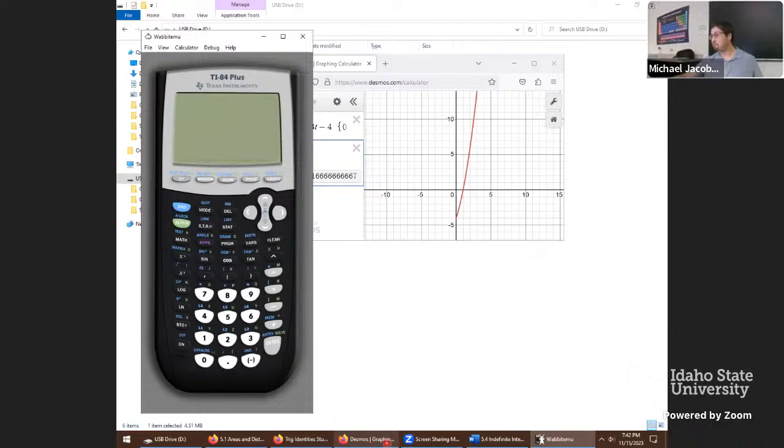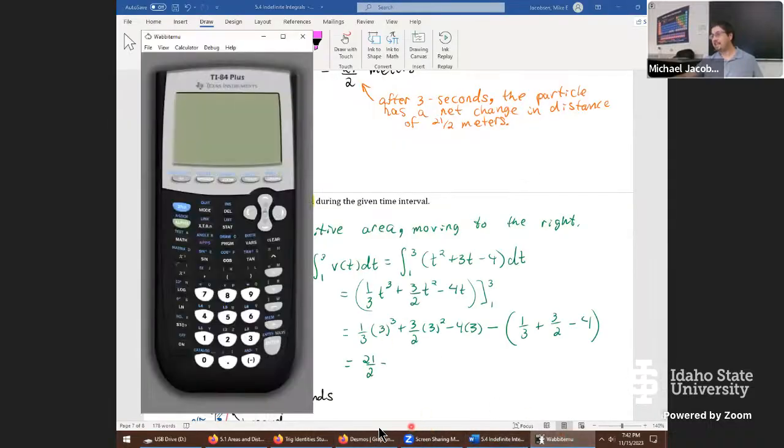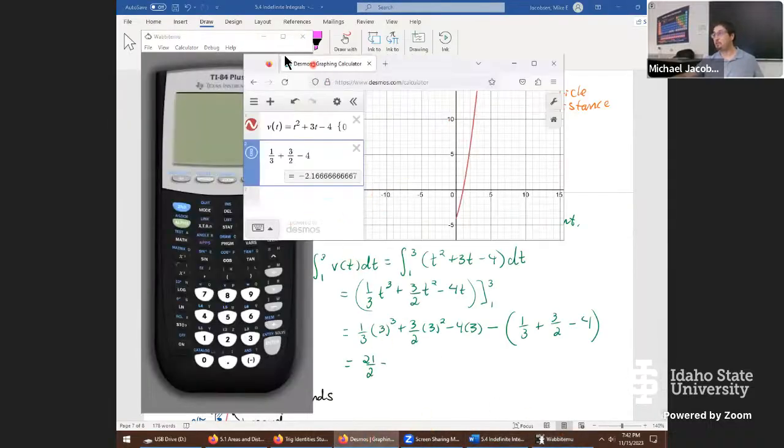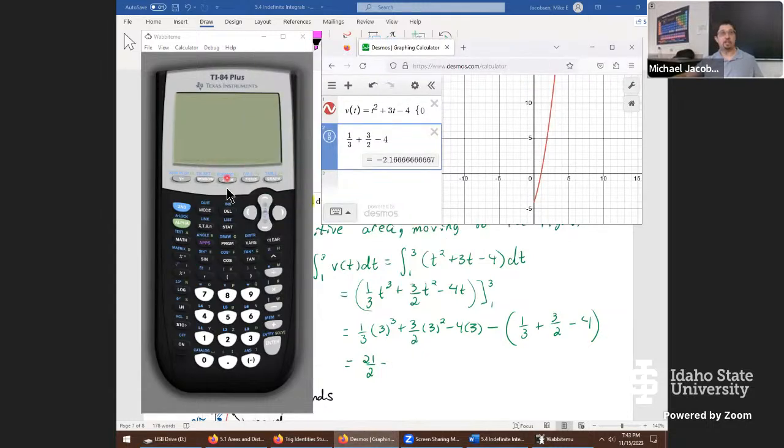So a different way to calculate, just to get through the tedium of some of these numbers, which do show up in the homework occasionally. A calculator like this one and many other calculators will allow you to do this. 1/3 plus 3/2 minus 4. Throw that in, then hit the math key, and just immediately hit enter a whole bunch of times.